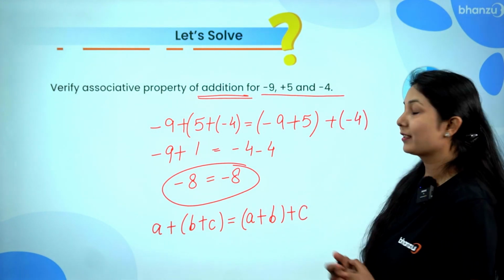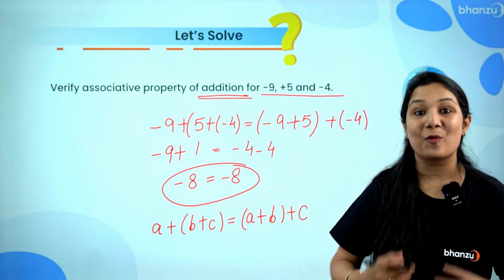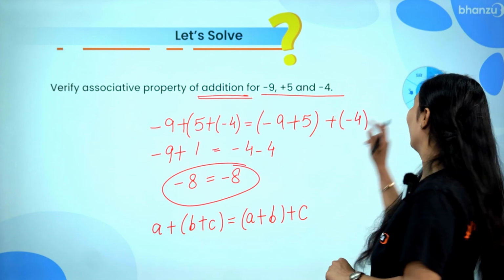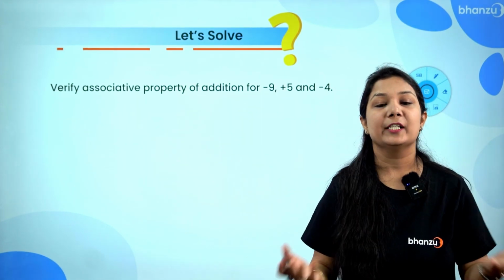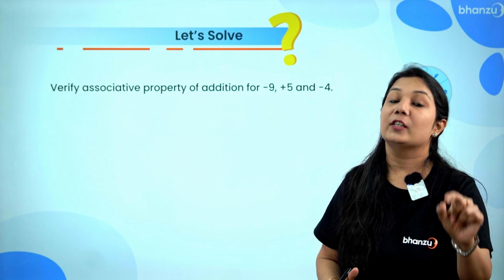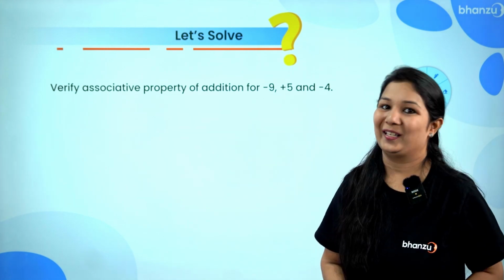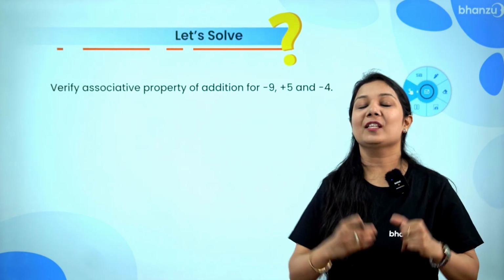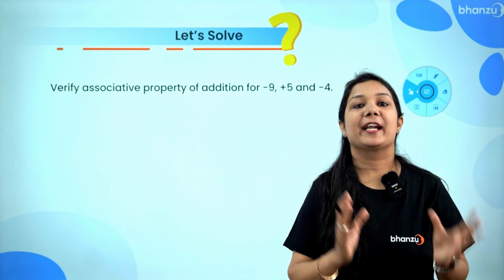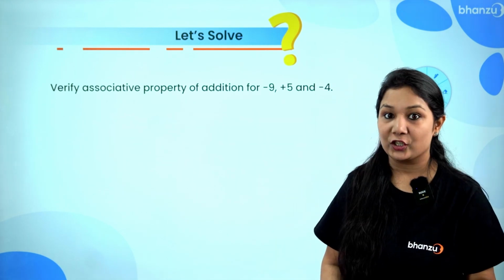It holds good for us. So this is how we check with any integers. Do not forget to try it out with any integers you feel like, and do check it out with 0 as well, right? So this was about the first 3 properties under addition and subtraction for integers.